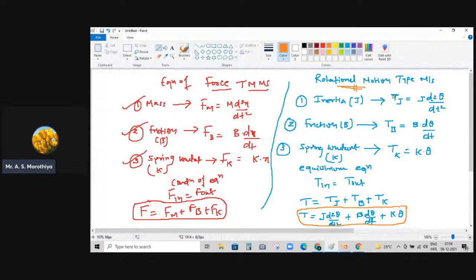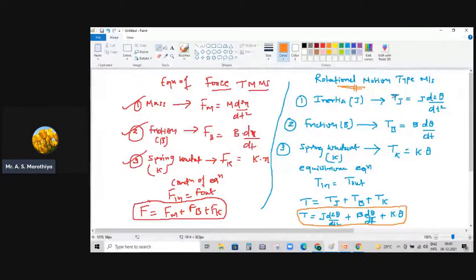It totally depends upon what type of structure is available with us. Suppose in a mechanical system we have a combination of inertia followed by spring constant only, then we need to take those two components only. If we have a combination of inertia followed by friction, then we need to take those two components only. The same topology is applicable for translatory motion type mechanical system.